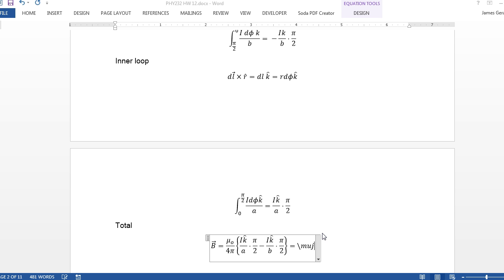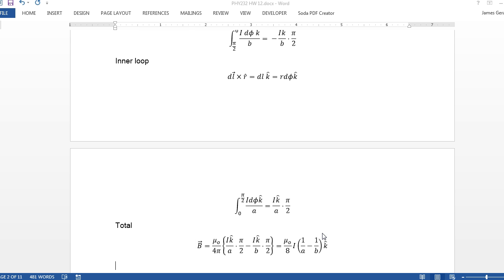We got mu naught over 8 times I times 1 over A minus 1 over B in the k hat direction. And that's it for this first problem.